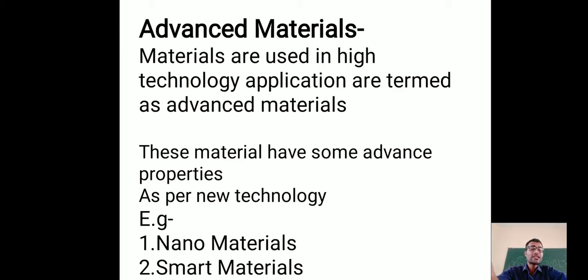So these are such materials whose properties are better than the other one. That's why these materials are used in high technology applications. As per technology, nano and smart, these are the two advanced materials.